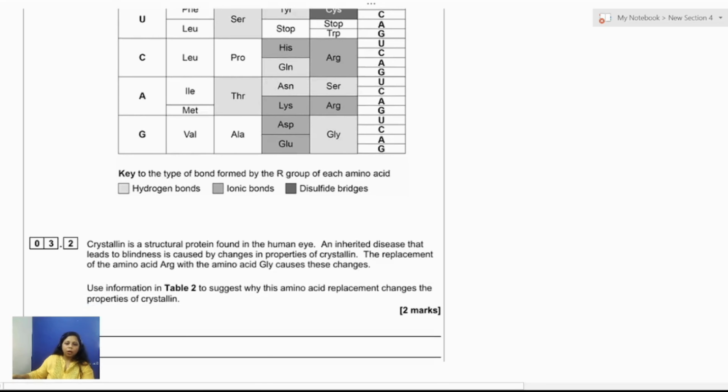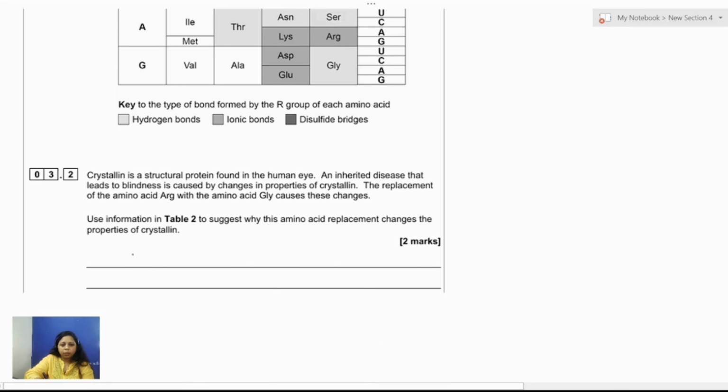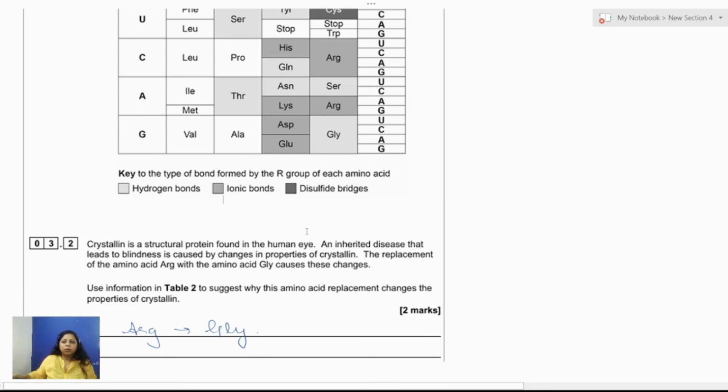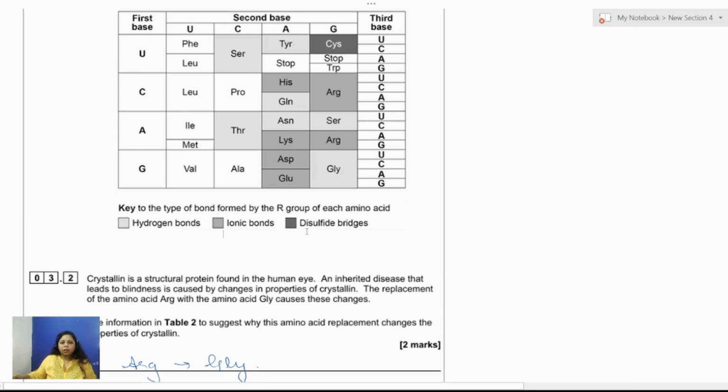How? Arginine to glycine. They have told that it changes the structure, like which bonds. Look at this one. Which bonds are going to be changed? The lighter ones are hydrogen bonds. The darker ones are. Wait. Yes. So instead of arginine, what is present?